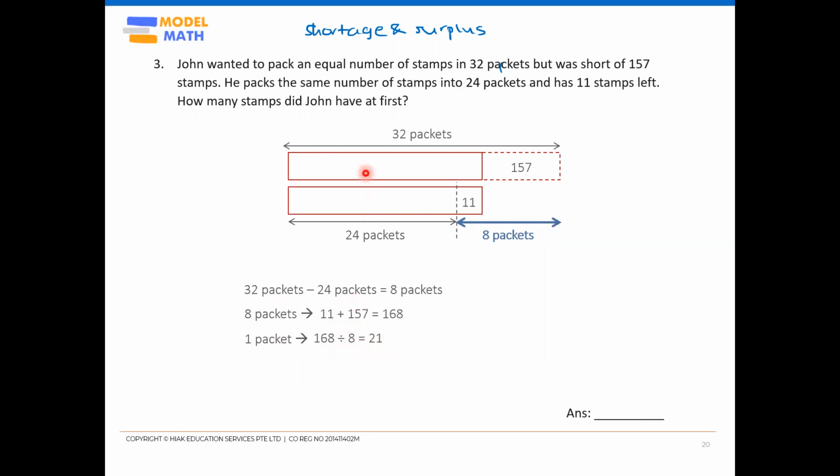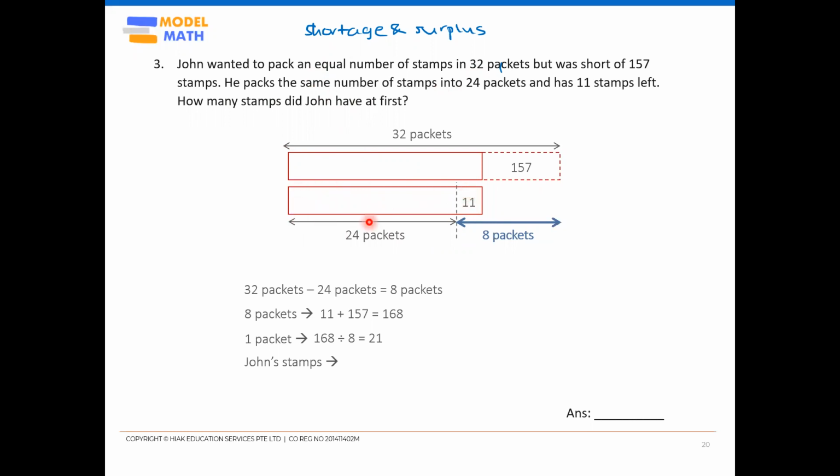Now the question asks for the stamps John had at first. So we are going to find out John's number of stamps. For John's number of stamps, you can either use scenario 1 or scenario 2. It's up to you, but I will usually choose the one with fewer packets, which is scenario 2 in this case. So for scenario 2, John's number of stamps will be the whole red bar here, not just the 24 packets.